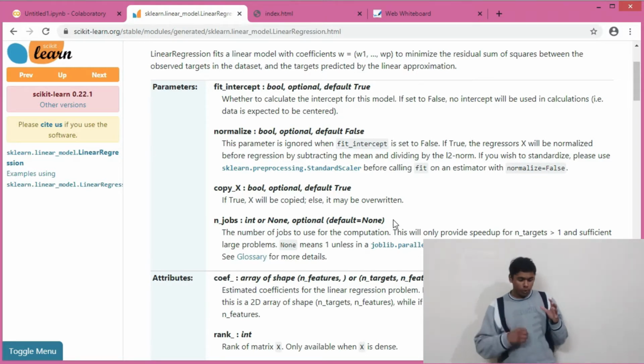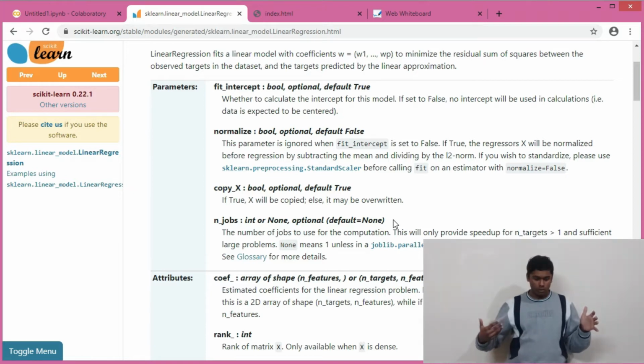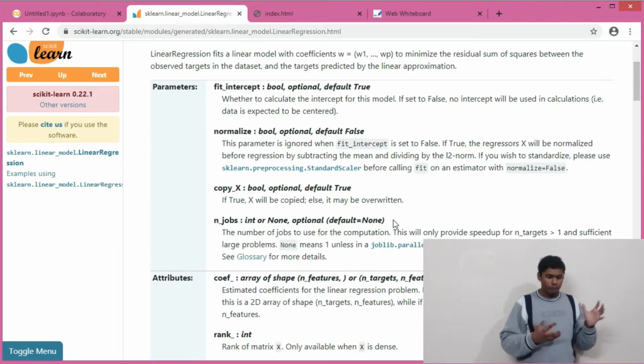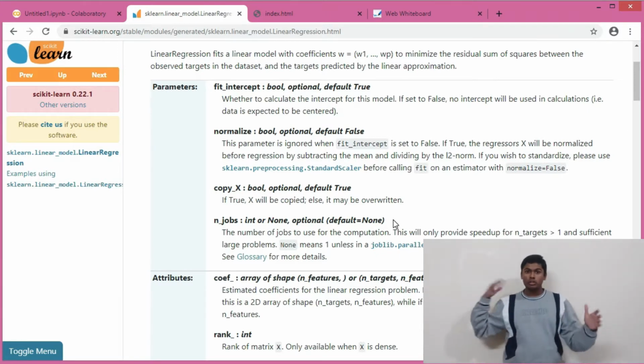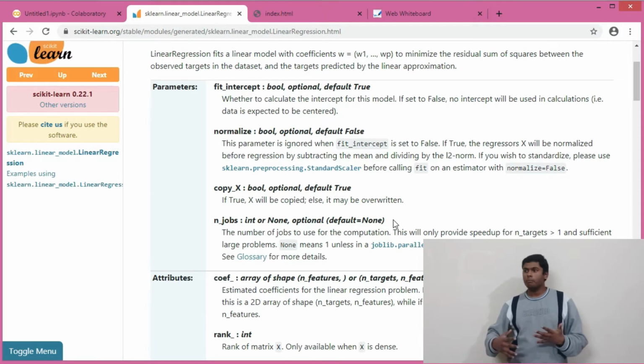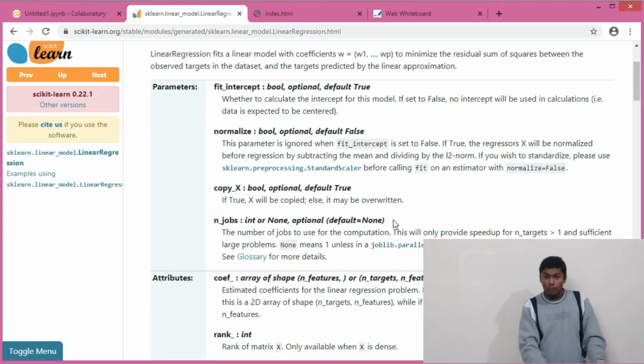You want to push it as far as possible so that you can get the training done as quickly as possible. Let's say you have 10 million data points to fit. That will take a lot of time, especially when you are training neural networks. Not right now, but this is bound to take some amount of time.